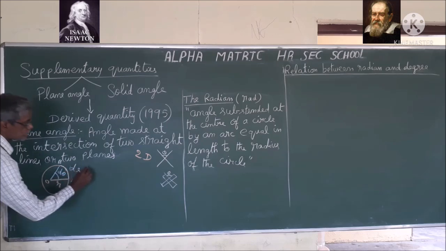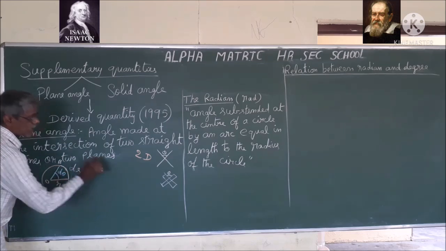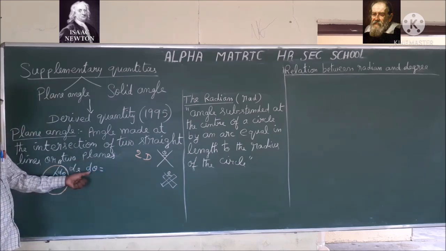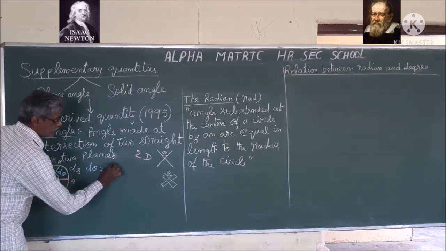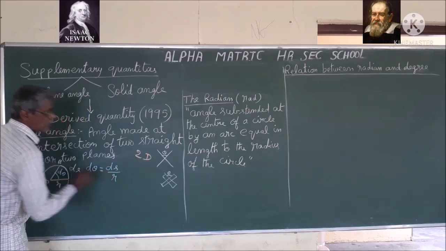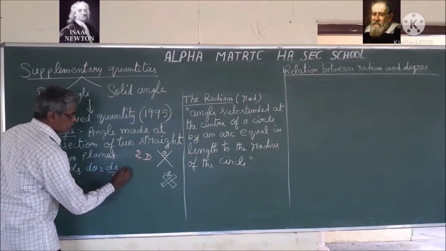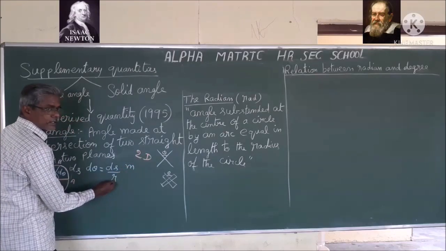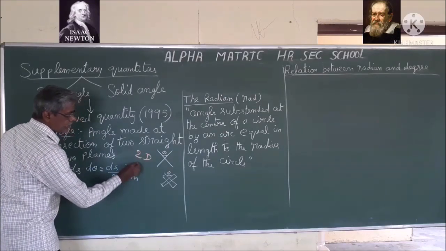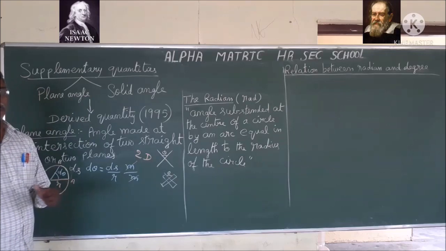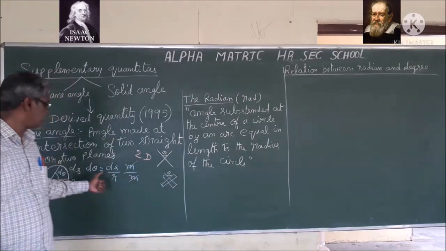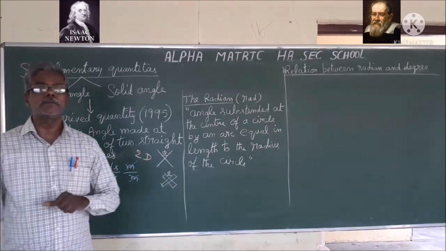Now I can write d theta, that is the angle, is equal to arc length by radius, so ds by r. What is the unit for s? Meter. Radius, meter. If I cancel this, there is no unit for d theta. That is dimensionless.